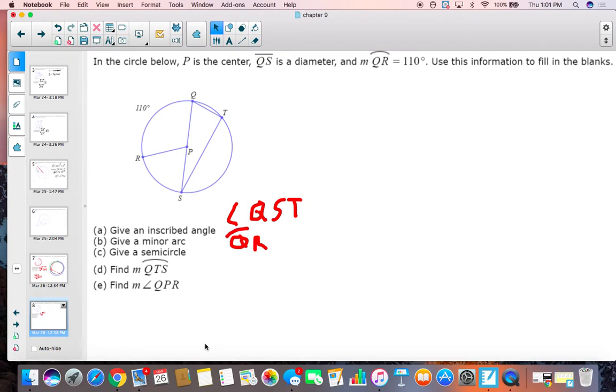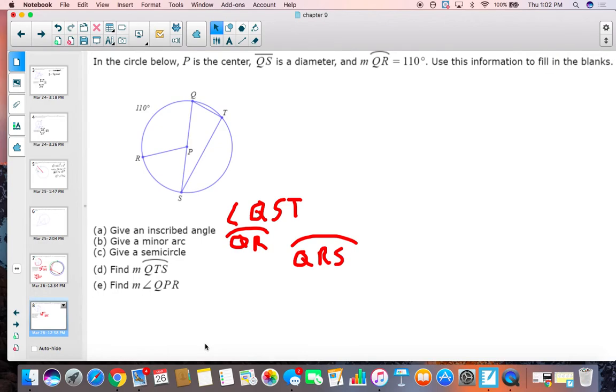Excuse my handwriting here. Give a semicircle. Once again, that's an arc degree measure that's exactly 180 degrees, or that's cut by the diameter. So we could say that the arc QRS is a semicircle.